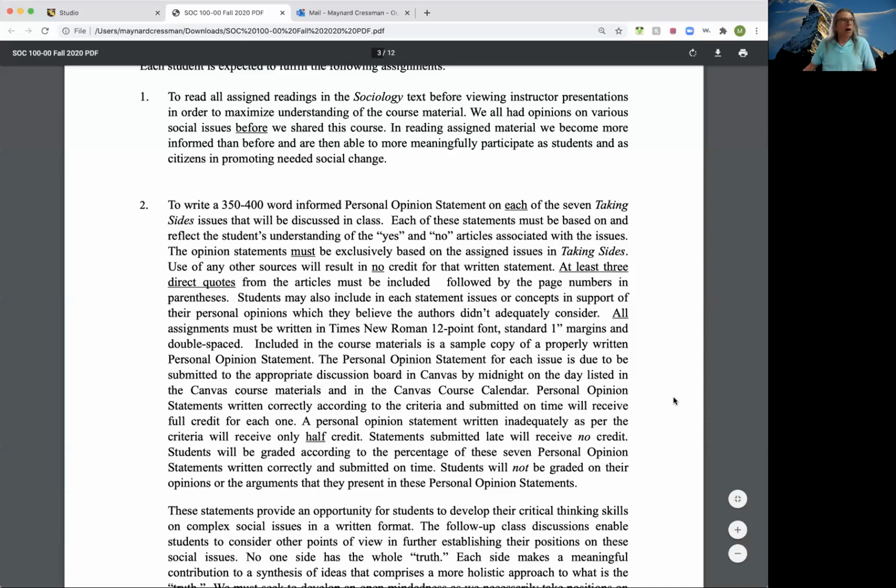Now, you may say, well, I don't have a position on this. Take a position. There is no "I don't have a position on this." In the world, when you say I don't have a position, it means you're okay with the way things are. That is a position. So if I say to you, what's your position on capital punishment in Pennsylvania? Say, well, I don't have a position. I'm neutral on that.